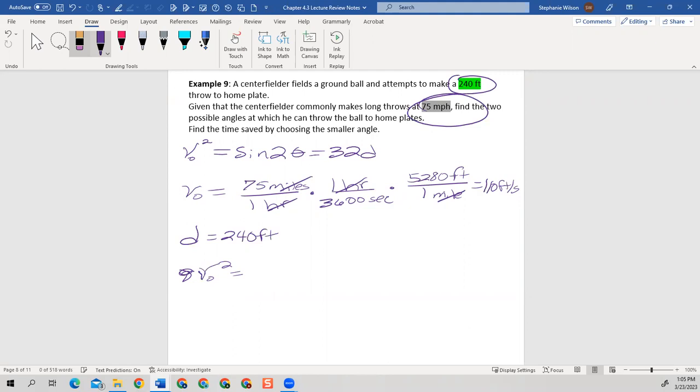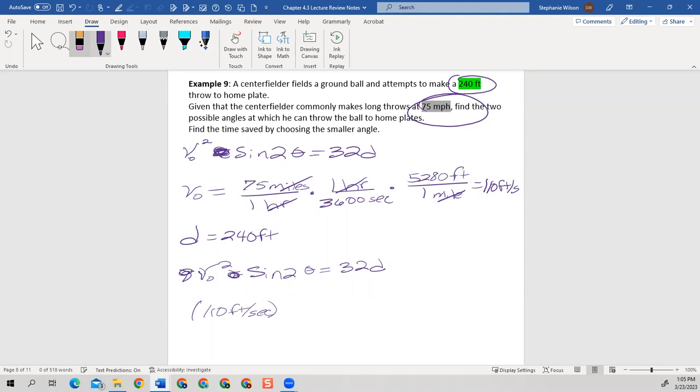Okay. I got that v squared equal to sine 2 theta is equal to 32d. So now my velocity is 110 feet per second. We don't need this equal sign anymore because it's going to be multiplied, and it is a notation error.